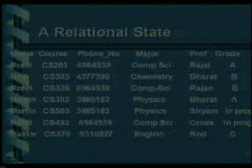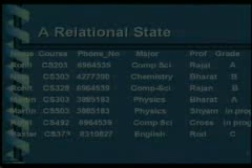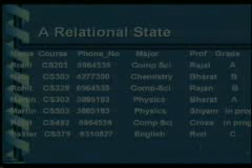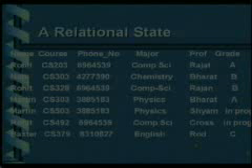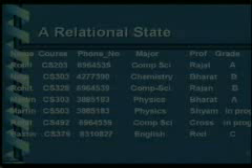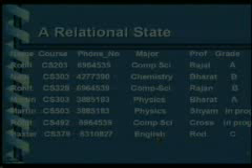That Baxter, the Rod teaches CS 379, or 379 will be taught by Rod. That information is getting lost. Deletion anomaly. We remove this particular tuple and we are losing information. We have lost information.